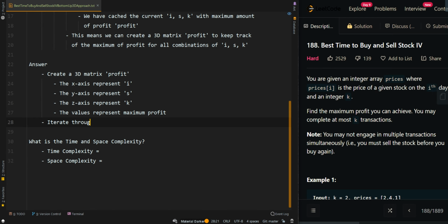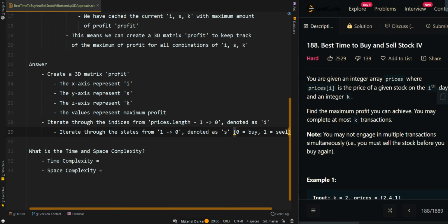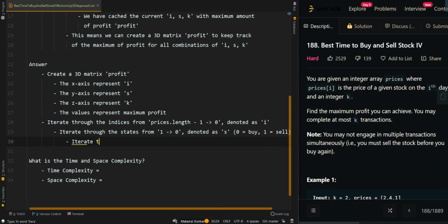Then we're going to iterate through the indices from prices.length - 1 to 0, denoted as I, the current index that we're processing, and then we iterate through the states from 1 to 0, denoted as S. Do not forget that 0 is going to be buy, and 1 is going to be sell. Then we iterate through the number of transactions from 1 to K, and we can just call it J.